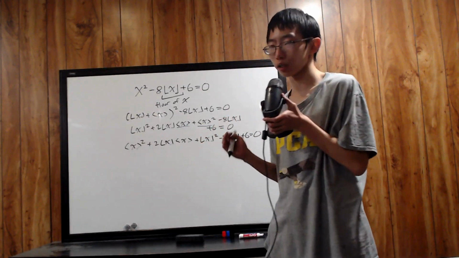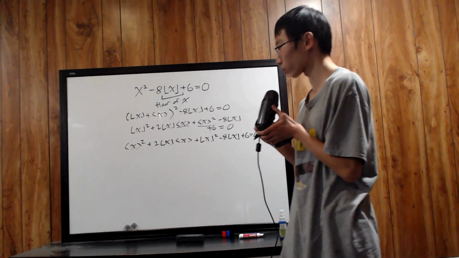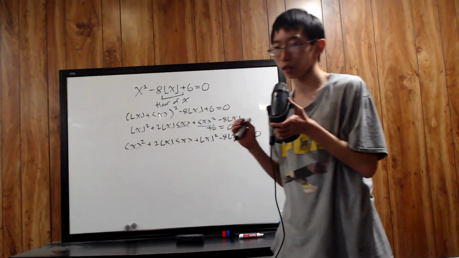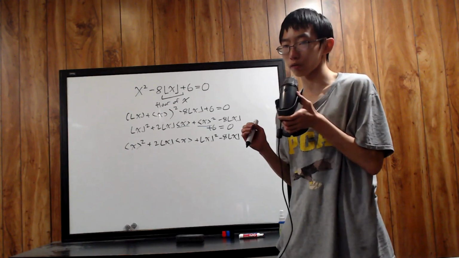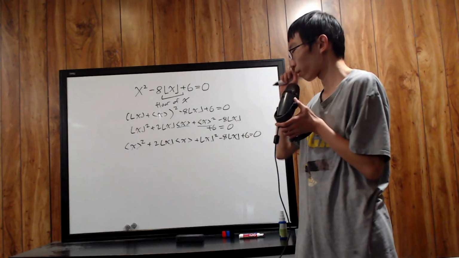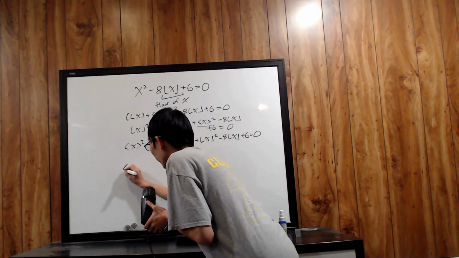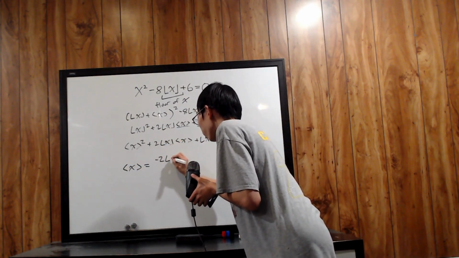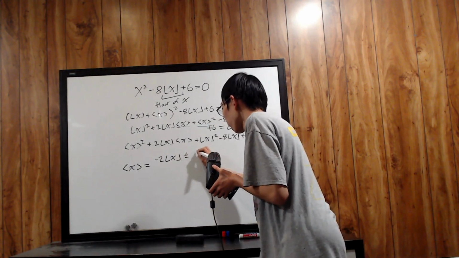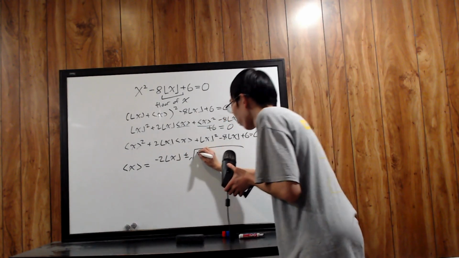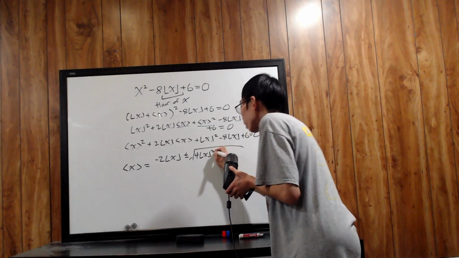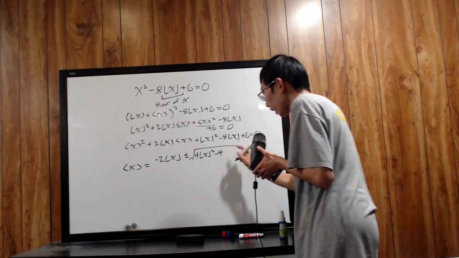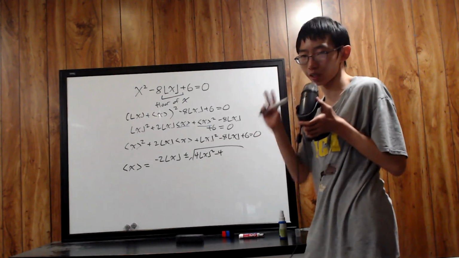And this over here is really useful because we can solve for the fractional part of x in terms of floor of x. Check this out. By the quadratic formula, the fractional part of x is equal to negative 2 floor of x plus or minus the square root of 4 floor of x squared minus 4 times the constant term.